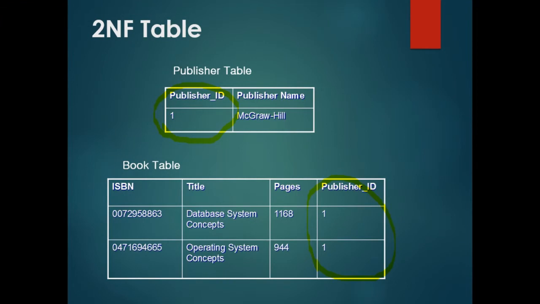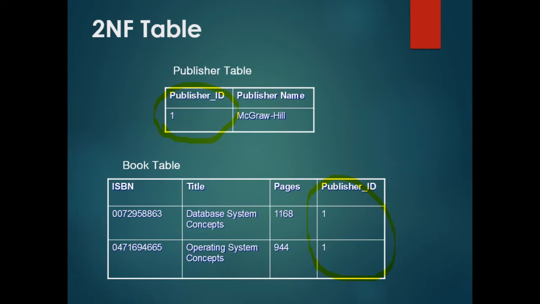If we look at these relationships, we can see that there is a one-to-many relationship present in these two tables in second normal form. And second normal form then relies on a primary key, like the primary key, the one relationship, publisher ID.